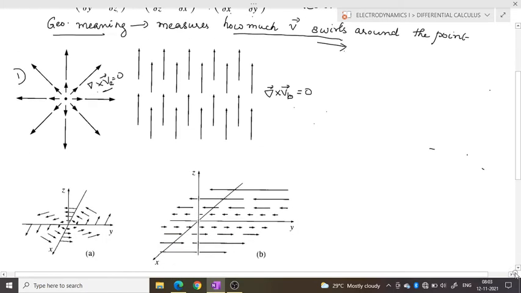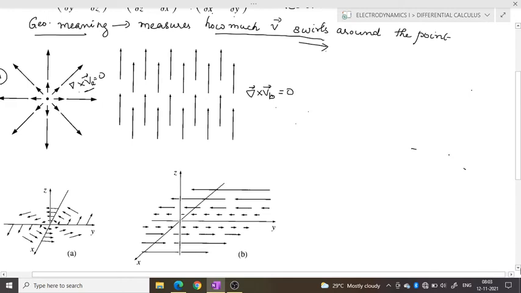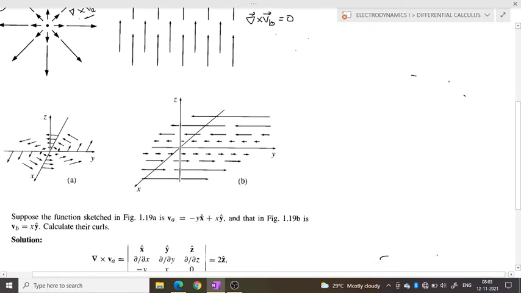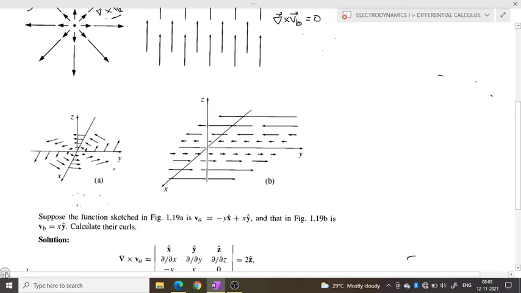Now let us find the curl of this function, figure A. This is represented by a vector.